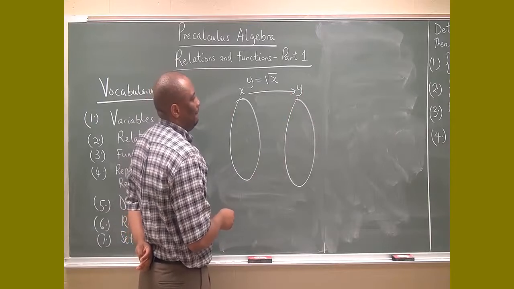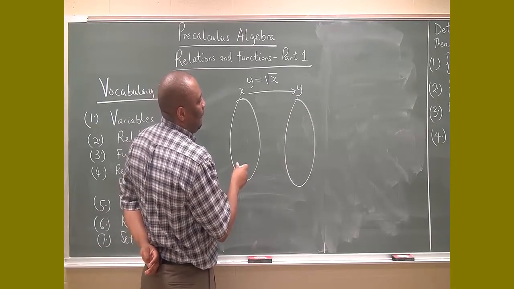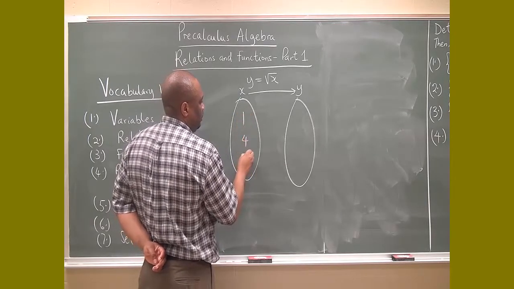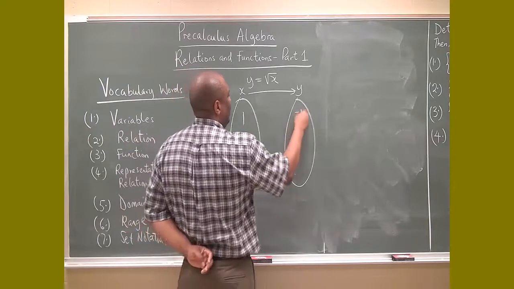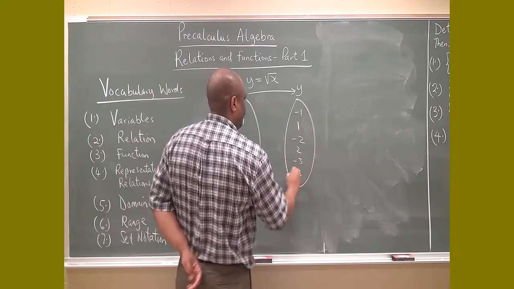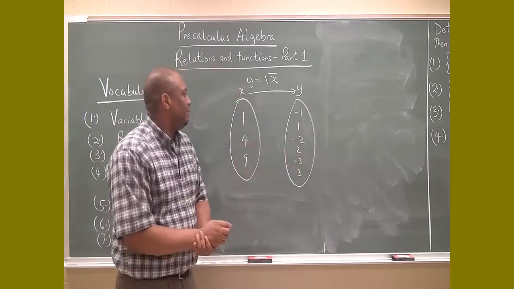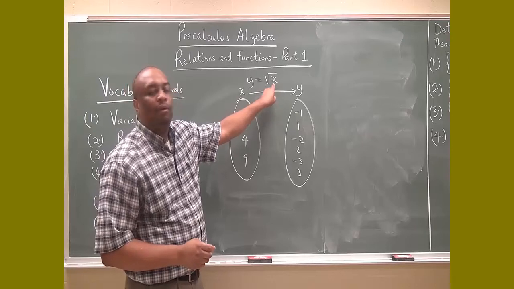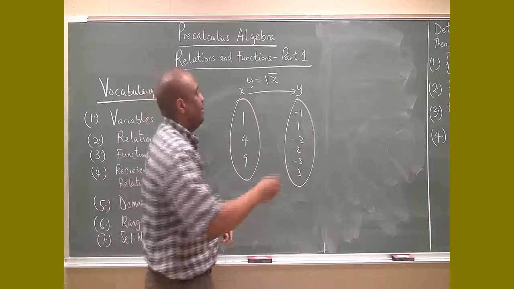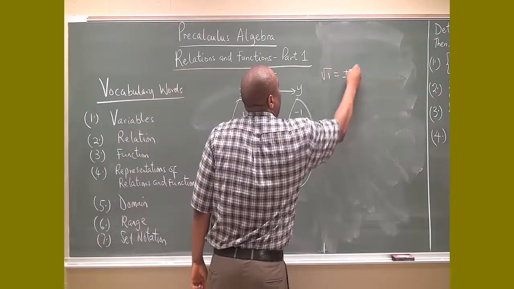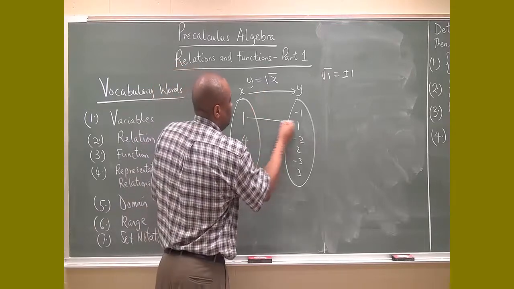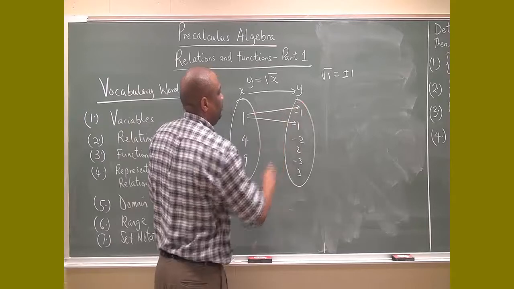Let's say I have 1, 4, 9, and I have negative 1, 1, negative 2, 2, negative 3, 3. Look at this now. Square root of 1 could be plus or minus 1. So square root of 1 could be plus 1, or it could also be minus 1.